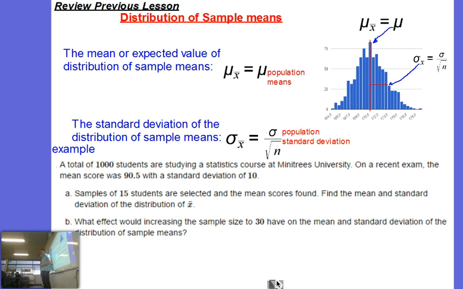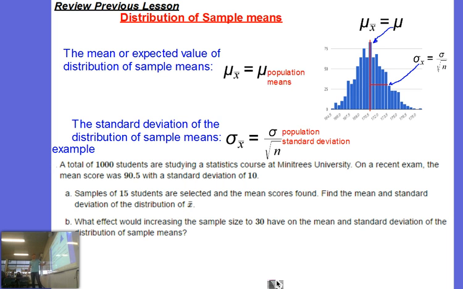N is your sample size. So as the sample that we are looking at is large or increases in size, what do we say about the standard deviation of the distribution? It gets smaller and smaller, that's right. It's going to get thinner, so this is going to shrink.